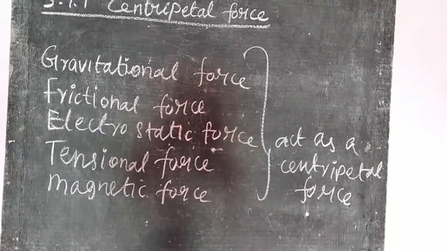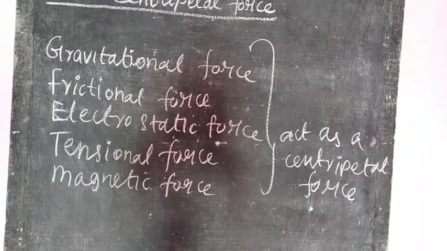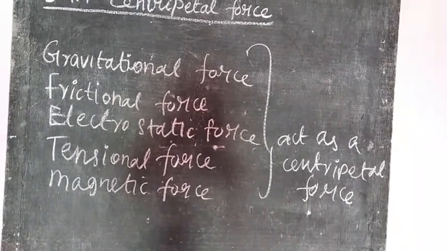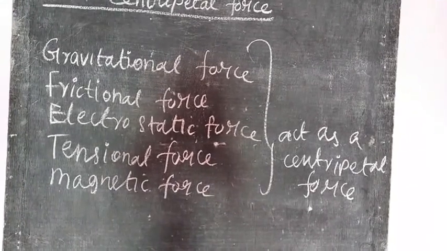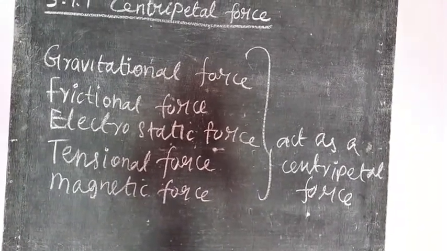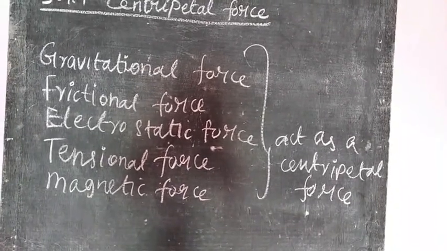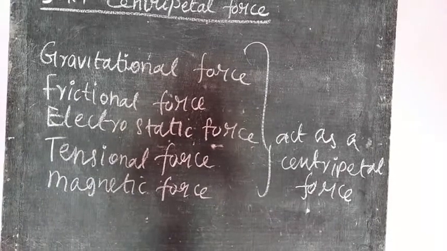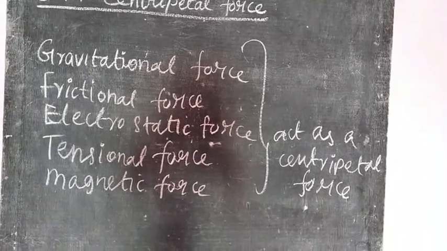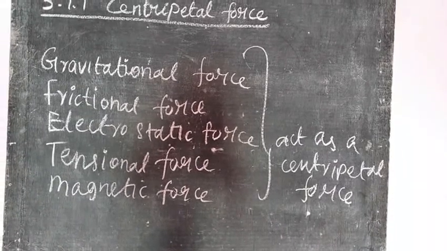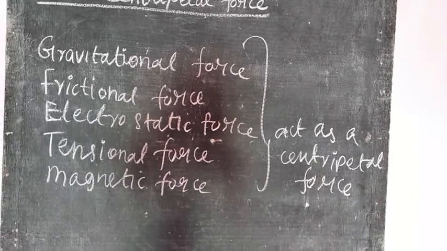Another example: a satellite revolving around the earth. Between the earth and the satellite, gravitational force is acting. Due to the gravitational force, the satellite revolves around the earth in a circular path. So the gravitational force provides centripetal force.